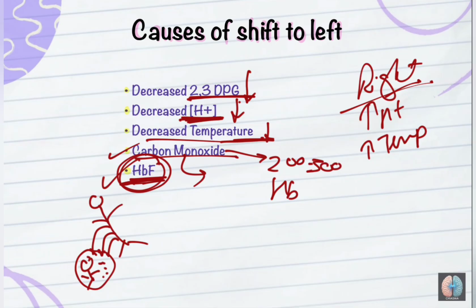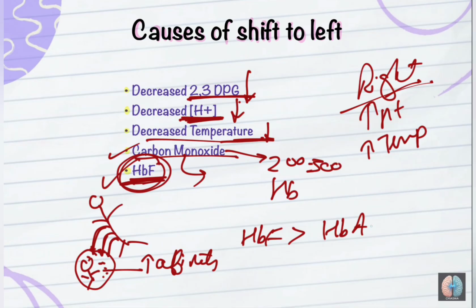It does not have air around it. It has to take oxygen from the maternal vessels. And how will it take it? When it has more affinity than the mother's adult hemoglobin. Mother's hemoglobin has less affinity, or you can say the fetal hemoglobin has more affinity. Okay, so the fetal hemoglobin extracts oxygen from the maternal adult hemoglobin.